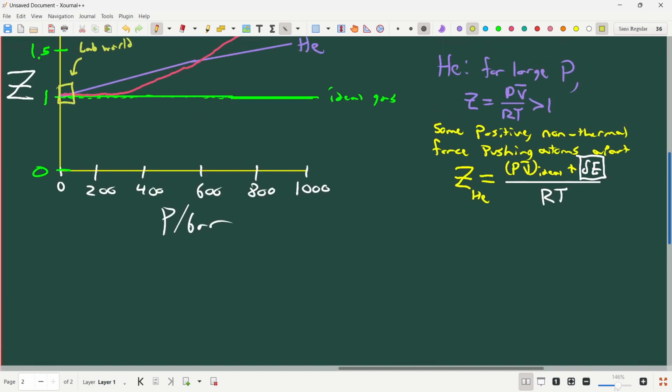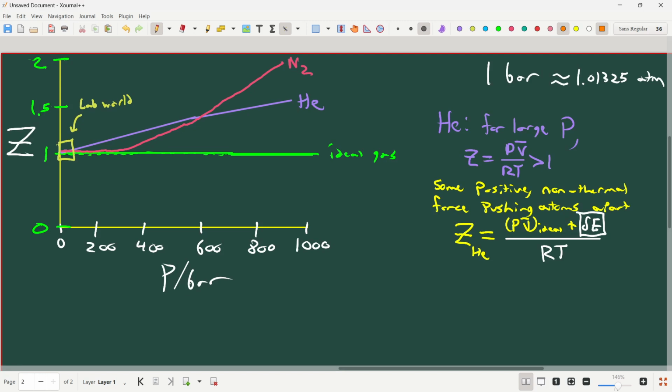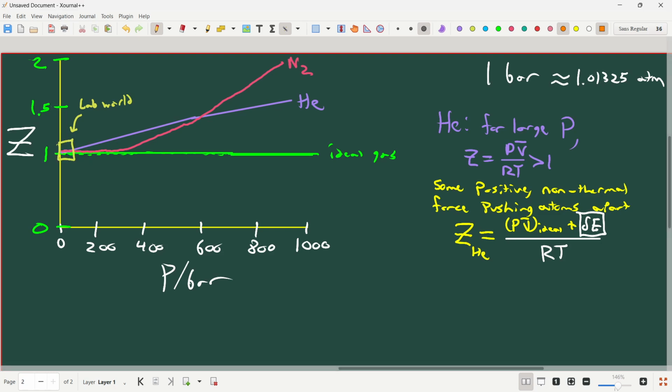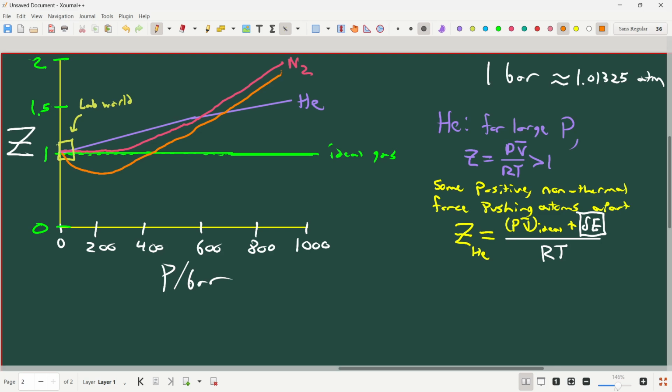Very interesting molecule, sorry. And what happens in methane is very interesting. I think I've said that enough, I'll do it in orange. It has a negative deviation at low pressure. So methane decreases like this, and then it starts to track similarly to N2.